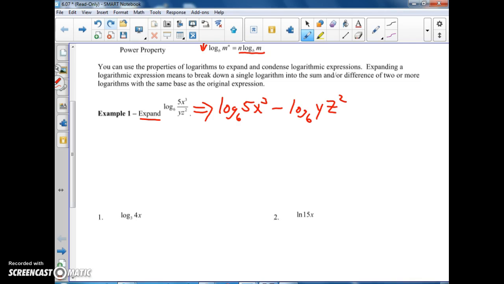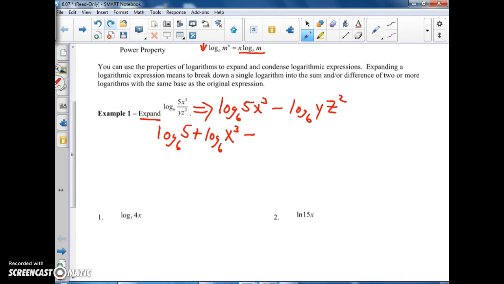Okay, now let me ask you this. 5x cubed means what? That means 5 times x cubed, right? So multiplication means addition. So look what I'm going to write down now: log 6 of 5 plus log 6 of x cubed.